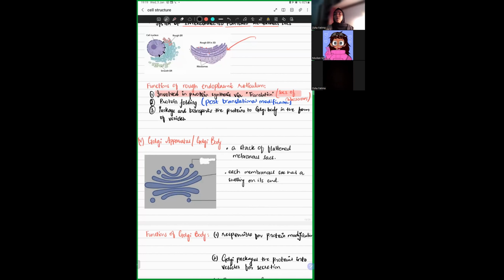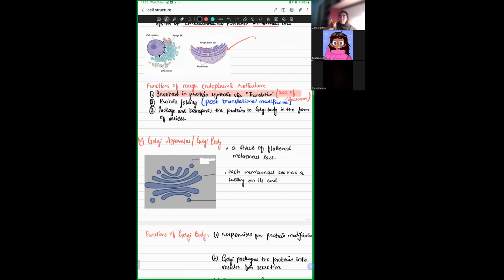Just for example, I have this one book and then I have this other book. I have stacked these books on one another and they're not connected. I've just piled them up upon each other. The same way in Golgi, unlike an endoplasmic reticulum, the membranes are not continuous. They're not interconnected. They are stacked upon each other.